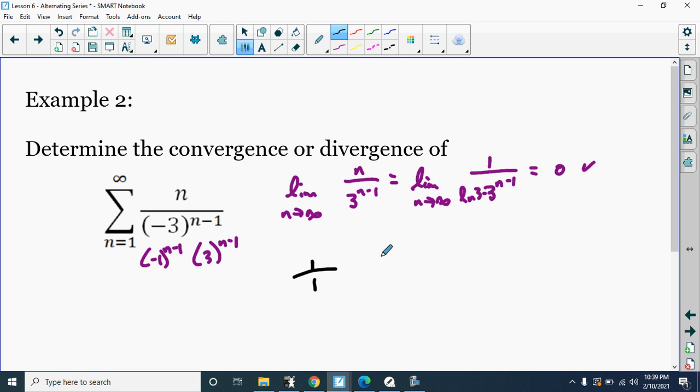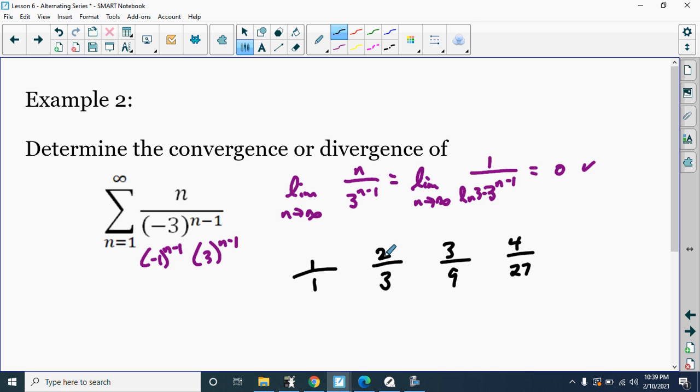Plug in 2. Gives me 2 over 3 to the first. Plug in 3. 3 over 3 to the second. Plug in 4. 4 over 3 to the third.